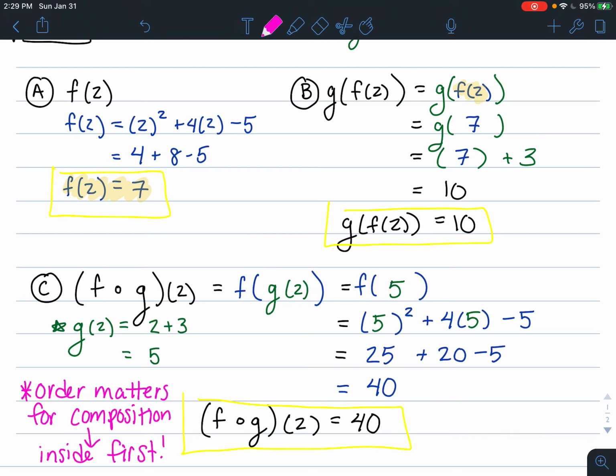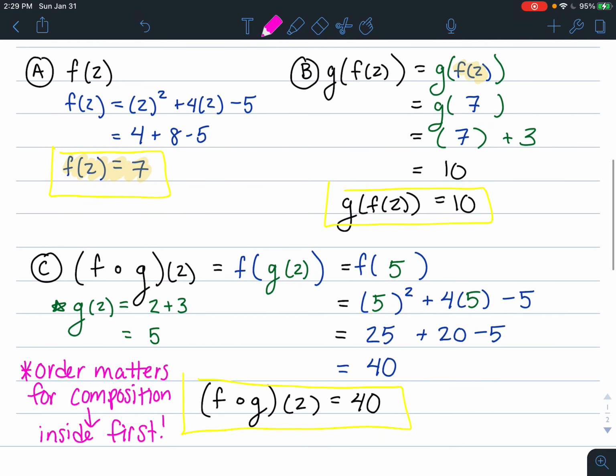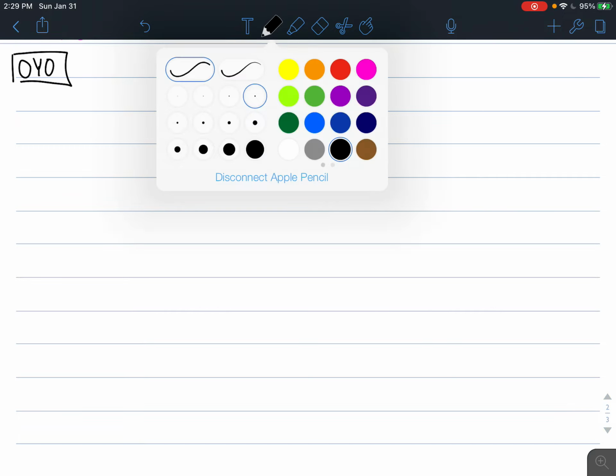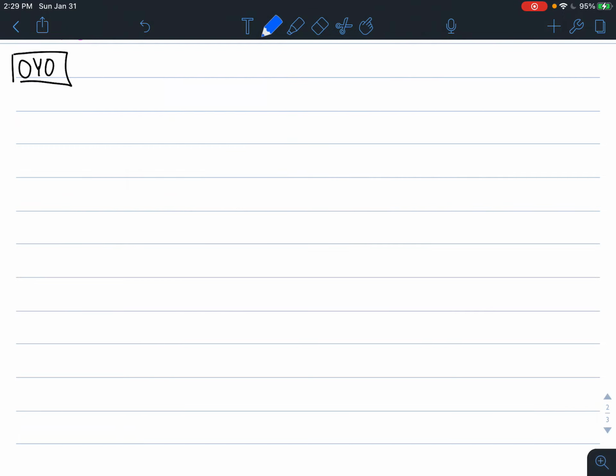Okay, so I'm going to throw 2 problems up on the screen, and I want you to try them on your own first, and then I'll go through the answers. So try these on your own, OYO. For this, I want you to use f of x equals 2x minus 5, and for g of x, we'll use x squared plus 3.